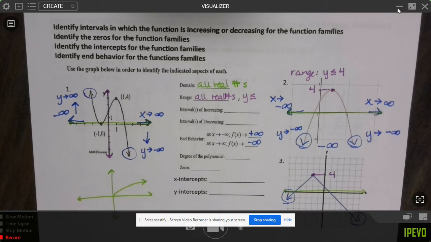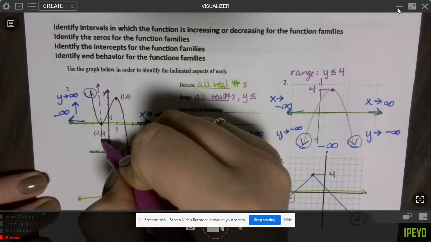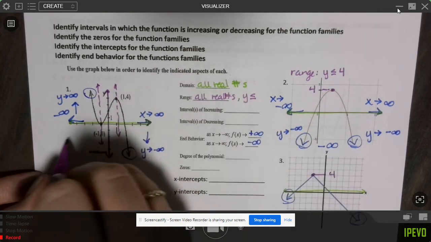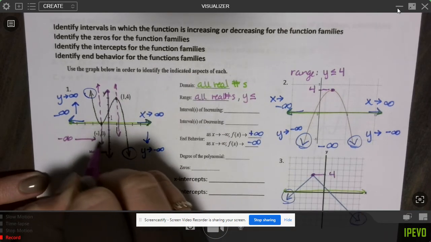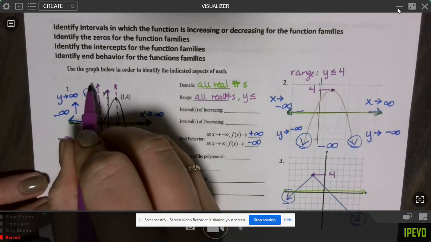Now let's talk about intervals of increase and decrease. We're looking at our changing points. Where does this function change directions? It changes directions here. And so from negative infinity all the way to negative 1, we are going to be decreasing. Our function is coming down.